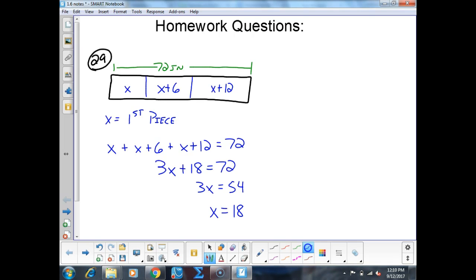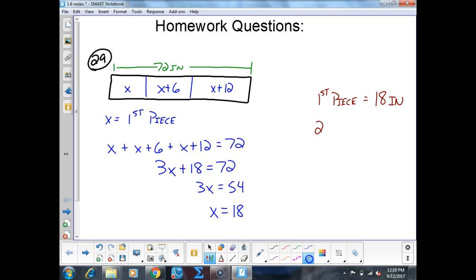But the question was asking what is the length of each piece, correct? Find the lengths of all 3 pieces. So the first piece is going to be 18 inches.